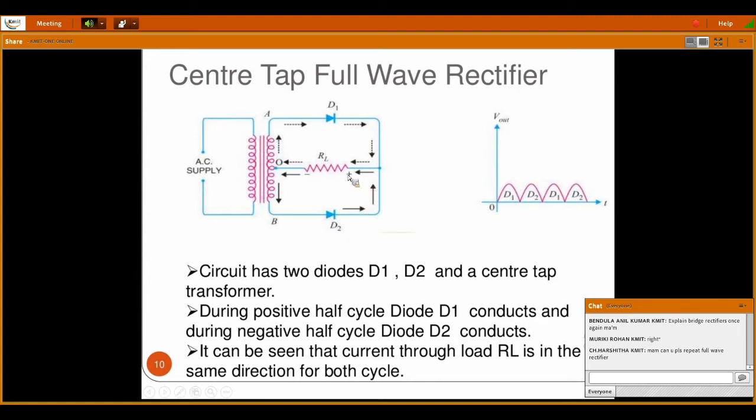Diode D2 is forward biased, current will be flowing through the diode and it is taken across the load resistor RL. And both the currents due to the two diodes are in the same direction. So hence you are getting the output in the same direction. One positive cycle is because of diode D1, the other cycle is because of diode D2.